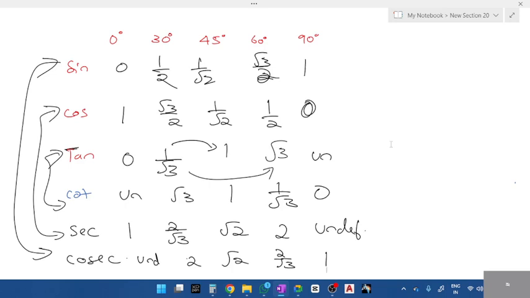Don't write it, just read once. Just remember sine and tan, that is enough. Other things you can derive. If you remember sine and tan, that is enough.